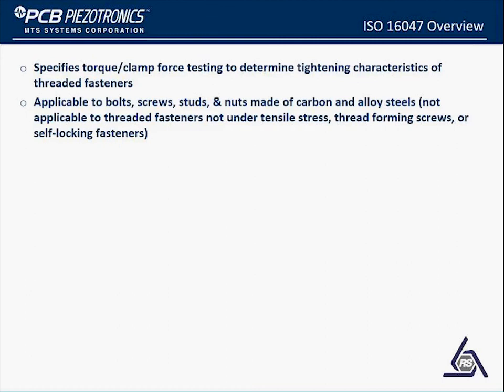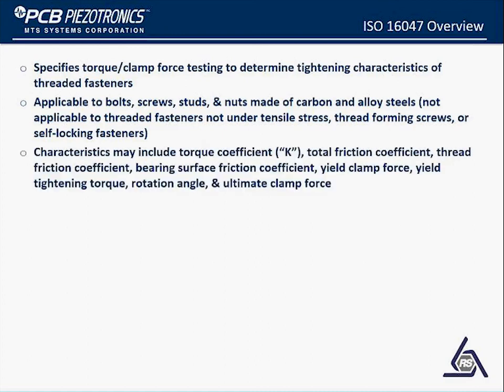It's applicable to bolts, screws, and nuts made of carbon and alloy steels, not particularly applicable to threaded fasteners not under a tensile stress, thread-forming screws, or self-locking fasteners. But for all other threaded fasteners that are achieving some sort of clamp load, it's certainly applicable.